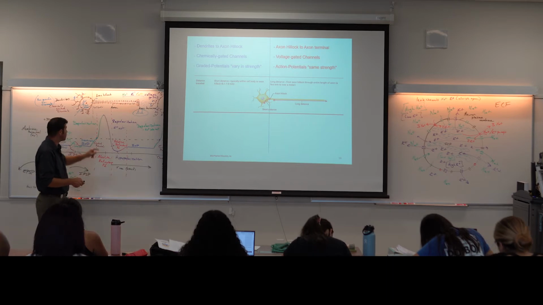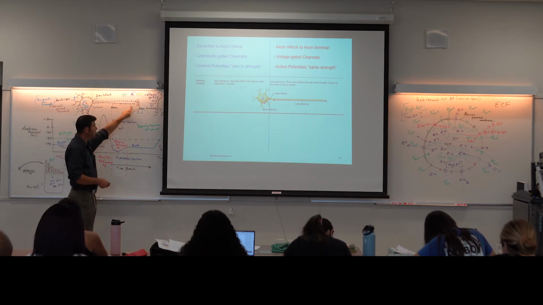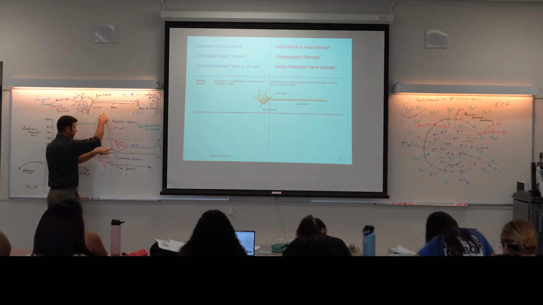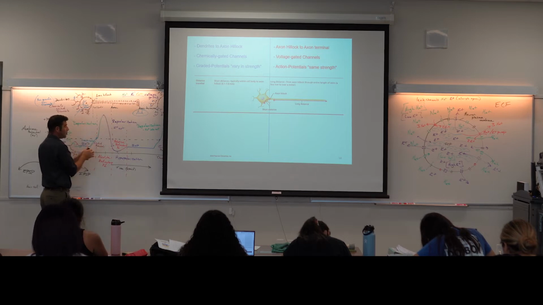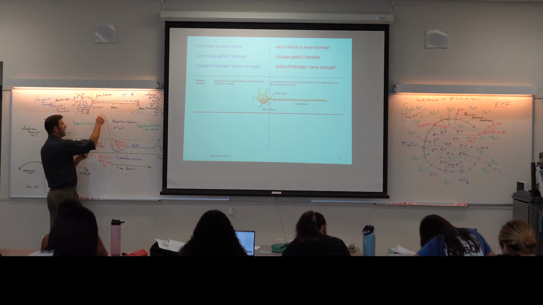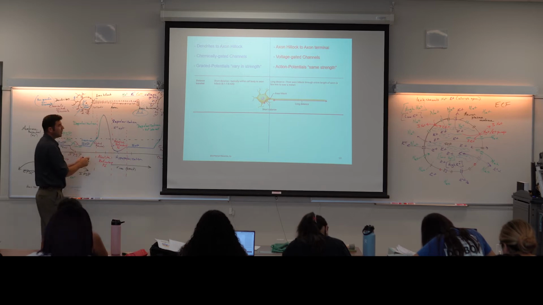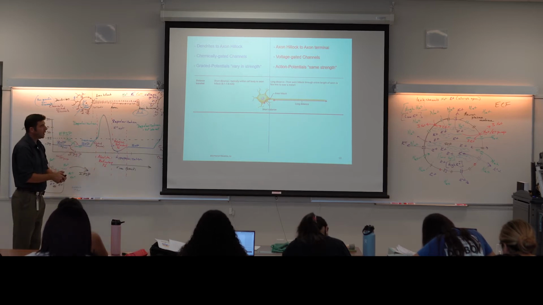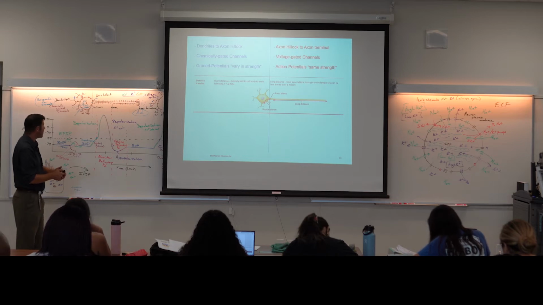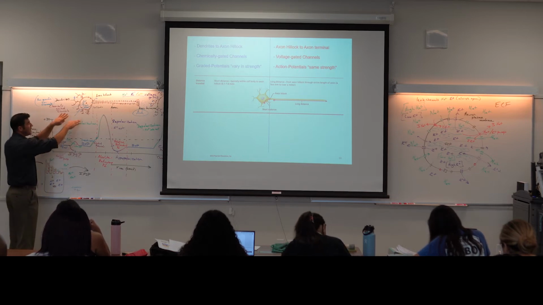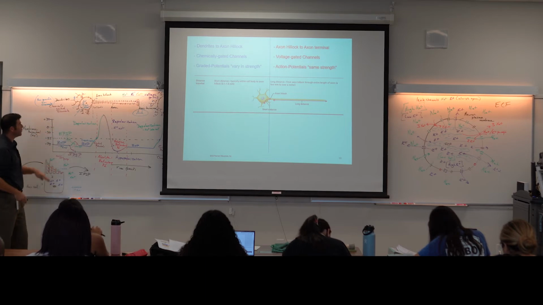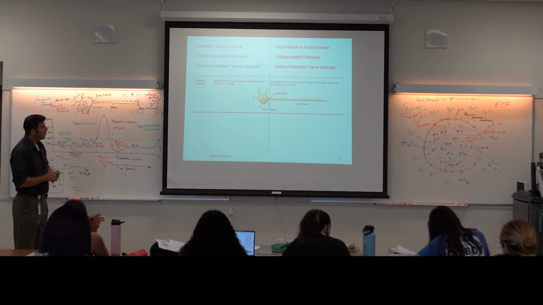Versus the action potentials, which are all of these voltage-gated channels that open and close based on specific voltage signals. So action potentials are always the same strength. They're the same triggers that cause those gates to open and cause those gates to reset. So there's no varying in strength when we're thinking about action potentials. But with graded potentials, there is varying in strength depending on, again, the varying amounts of neurotransmitter that might be there.